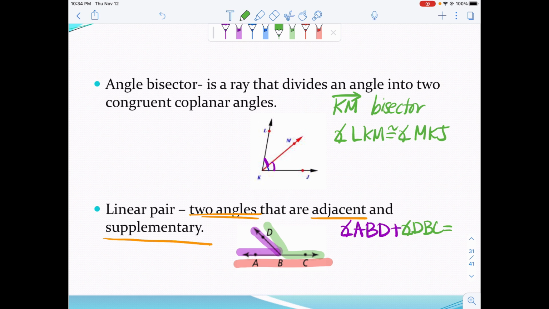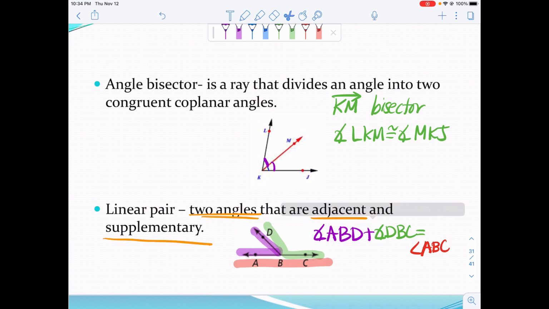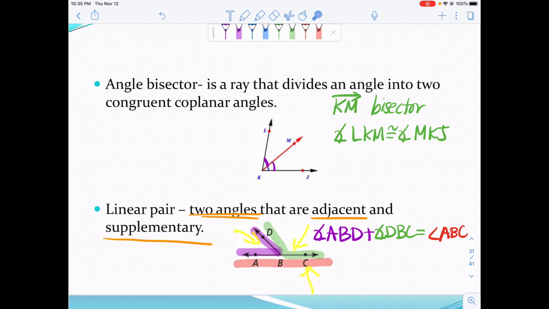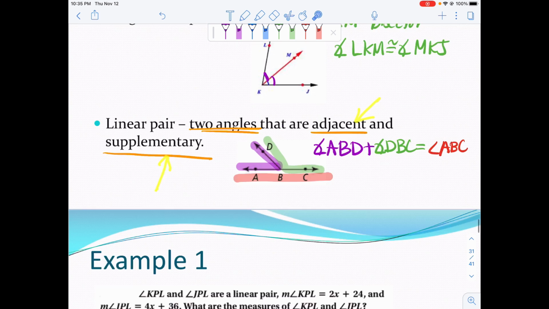Yes, it is just stating the statement about the linear pair, saying that these two angles added together are going to equal 180 degrees, but putting it in the angle addition postulate. So key things you have to remember: they are adjacent and they are supplementary.